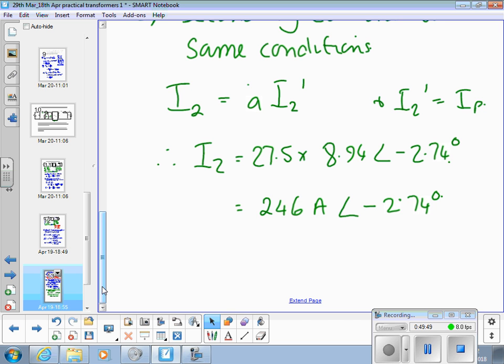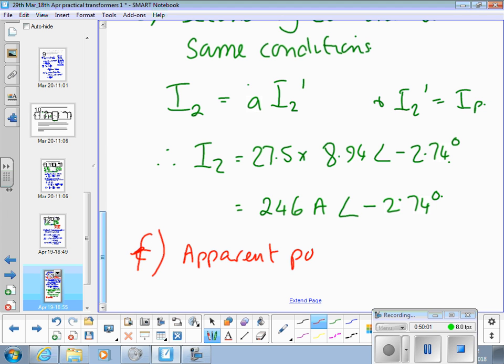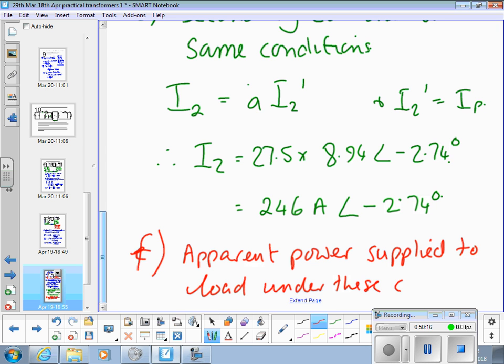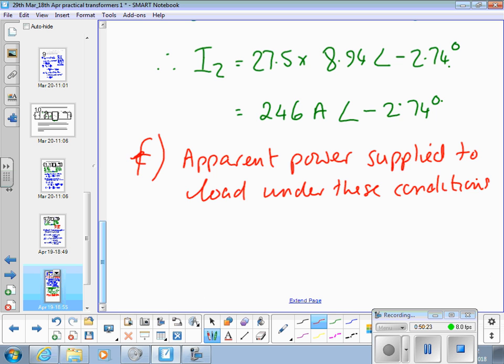Right. And lastly, F, the power delivered to the load under these conditions. How are we going to do that?